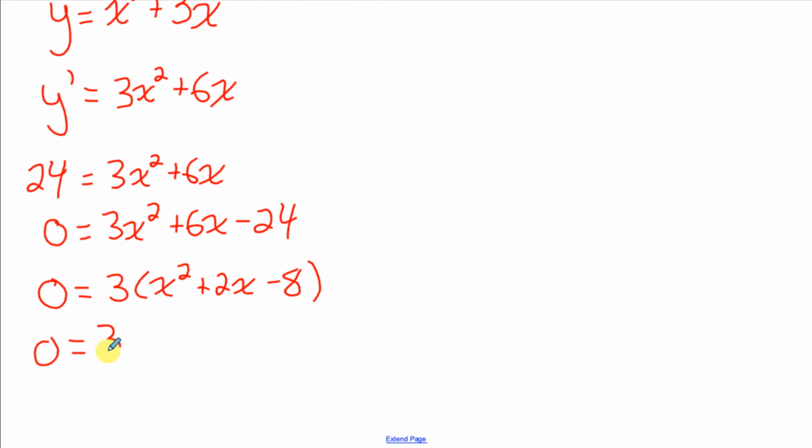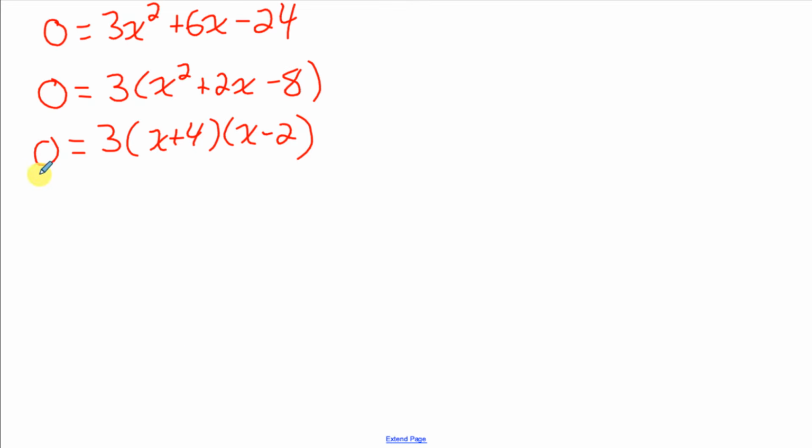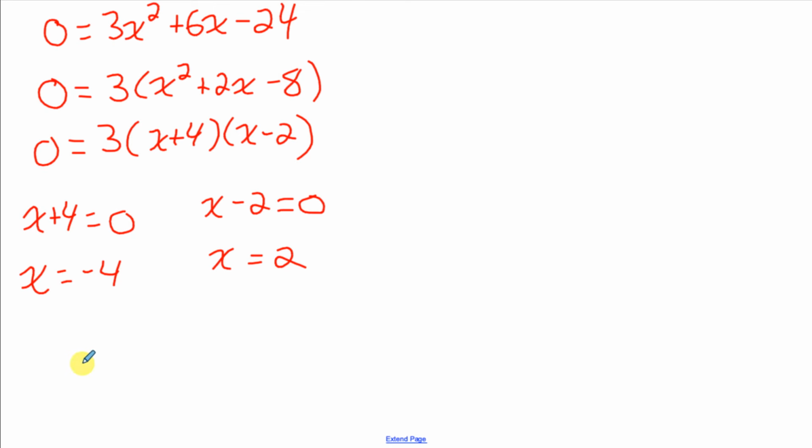And now that quadratic in the brackets would factor to x plus 4 times x minus 2, because those numbers satisfy the product and sum. And now this product of three things would be 0 if either x plus 4 was 0, or if x minus 2 was 0. So if x was -4, or if x was 2.